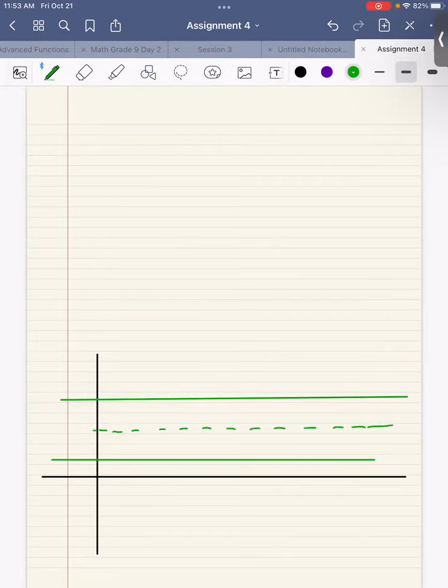So this is maximum, minimum, and this is C, the midpoint, center. And we have T, this is the time axis, and this is the height, H.